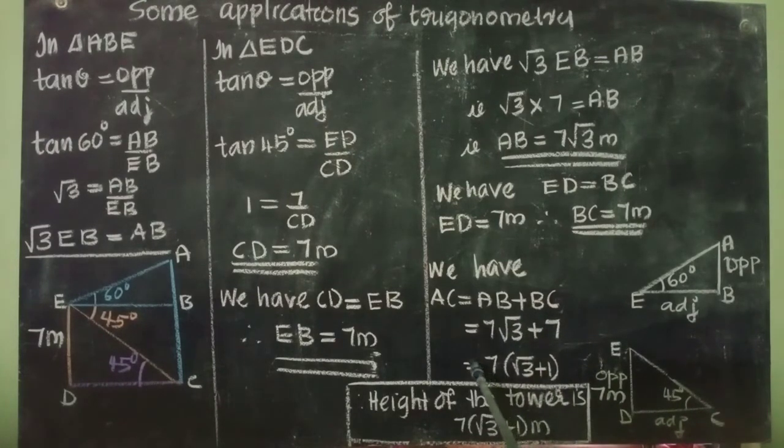We can take it outside. We get 7 into root 3 plus 1. That is the value of AC. AC is the height of the tower. So we can conclude, therefore, the height of the tower is 7 into root 3 plus 1 meter.